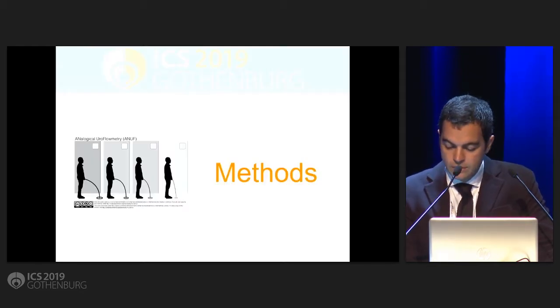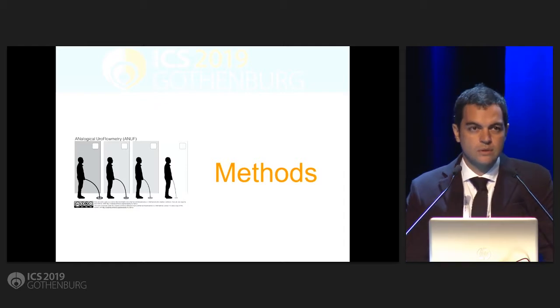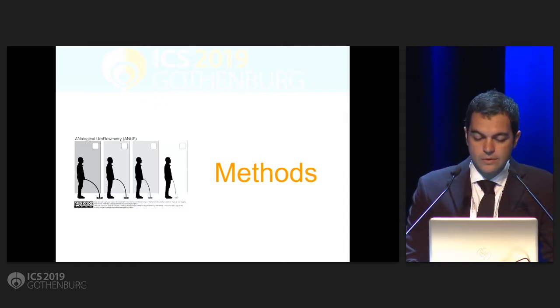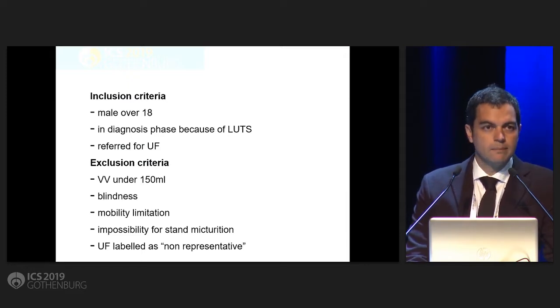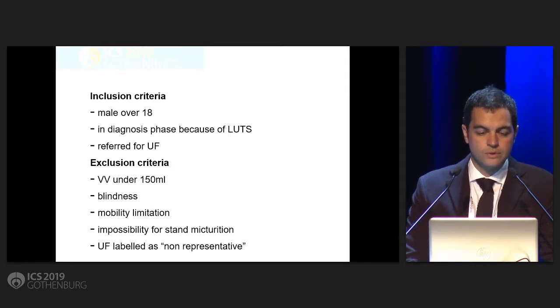In the setting of a university hospital, we selected patients attending the uroflowmetry room between August 2018 and January 2019. Inclusion criteria were male over 18, in diagnosis phase because of LUTS, referred for uroflowmetry.